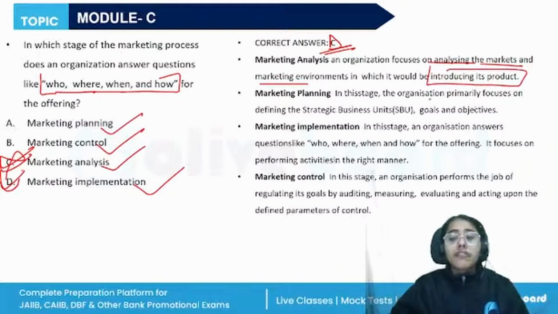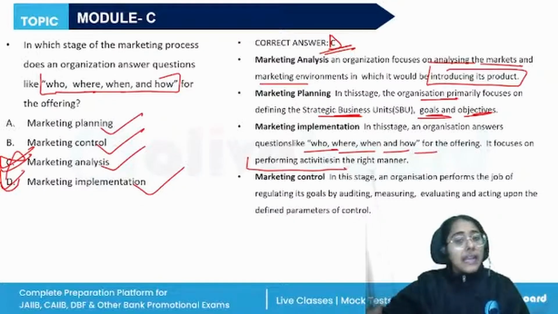Marketing planning refers to the focusing during the SBU, the goals and objective. Implementation answers the who, where, when, and how for the offering. It focuses on performing the activities. We are finally implementing the plan. And control means making any changes, regulating the goals by auditing, measuring, evaluating, and acting upon.